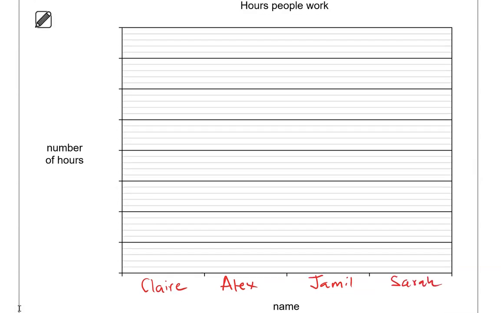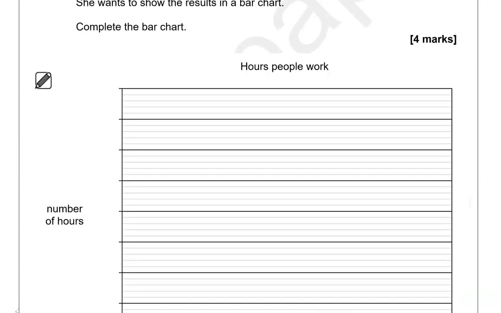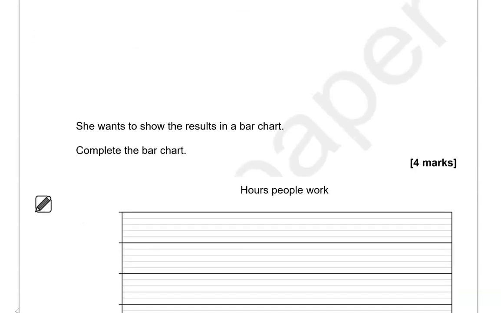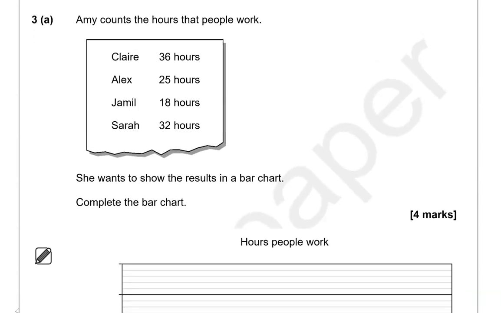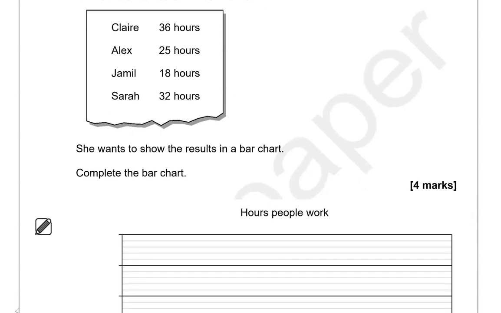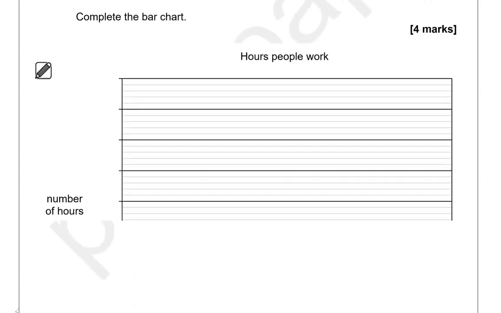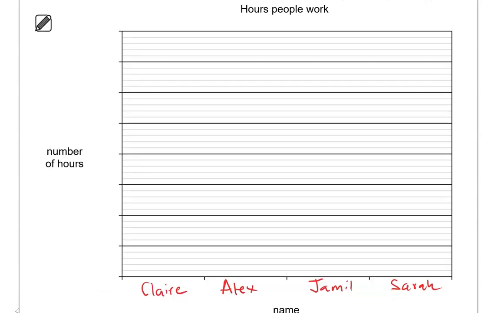Number of hours vertically. So what's the highest number? That is 36. So this needs to go up to 36. Starting from 0, we could do 5, 10, 15, 20, 25, 30, 35, 40, so that works.